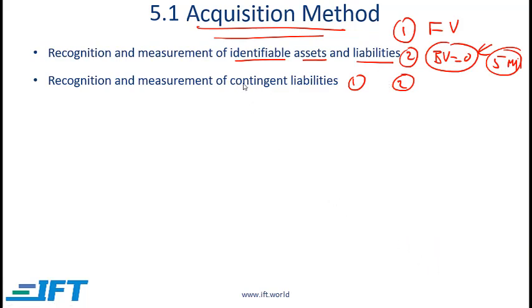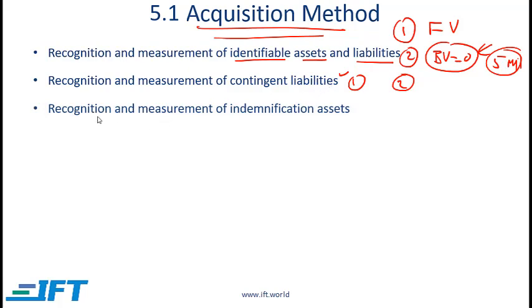There is a subtle difference between IFRS and US GAAP on this front. IFRS includes a contingent liability if the fair value can be reliably measured. US GAAP includes a contingent liability only if the contingent liability is probable and can be reasonably estimated.